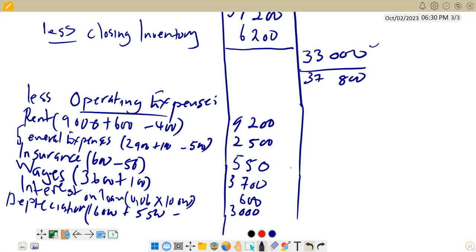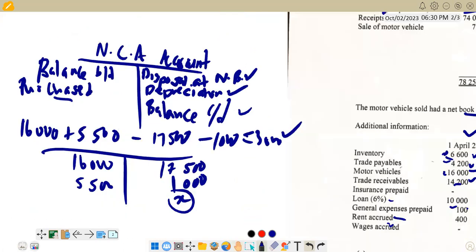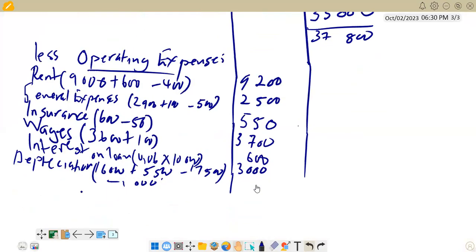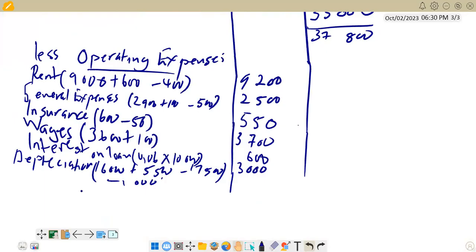Then we subtract 17,500 and 1,000. Then we arrived at what? At 3,000. So this was our last expense that is there in the question.